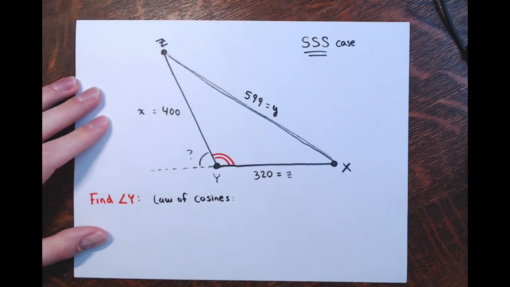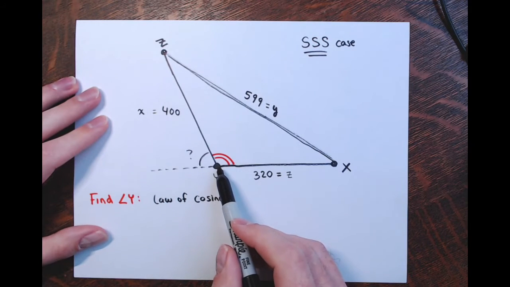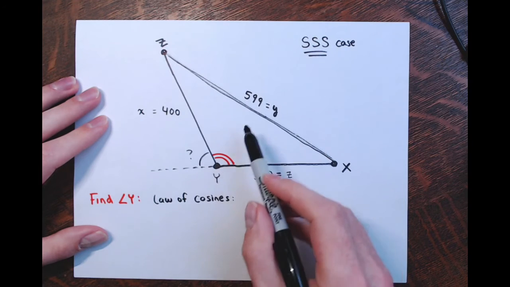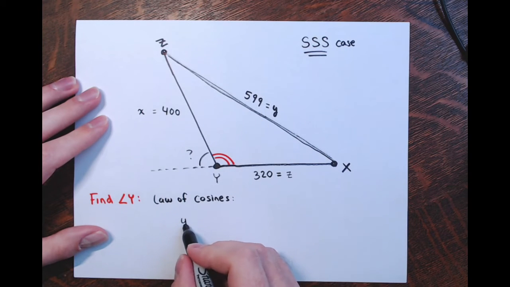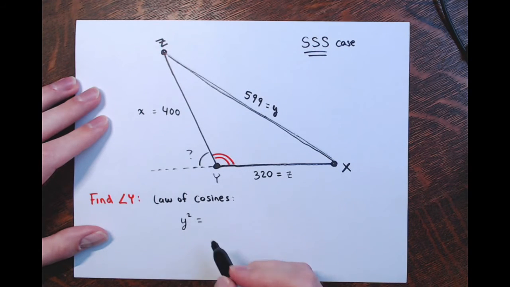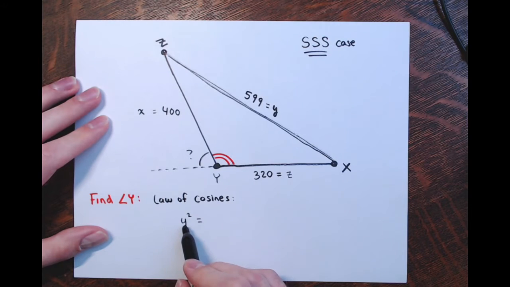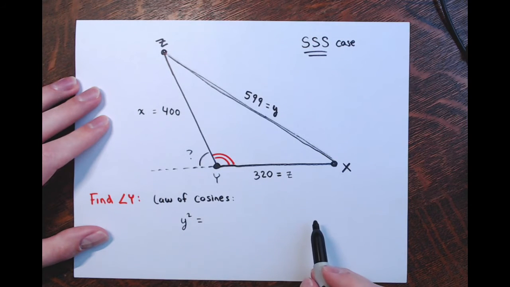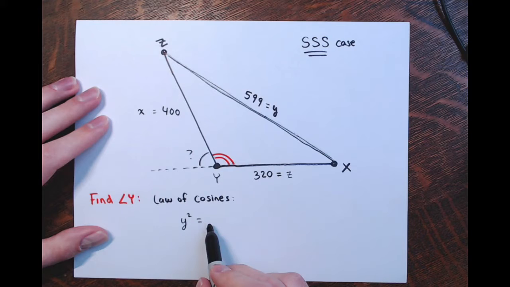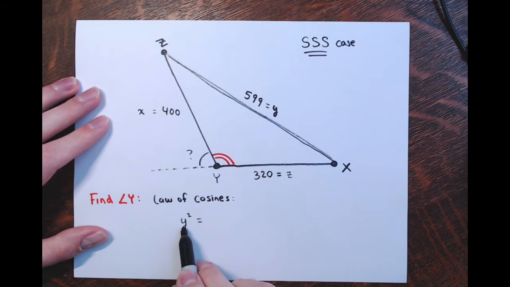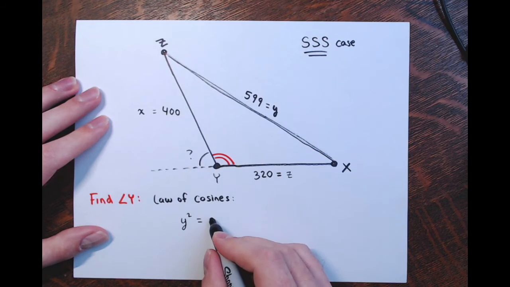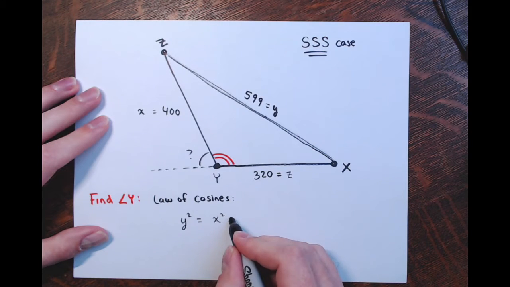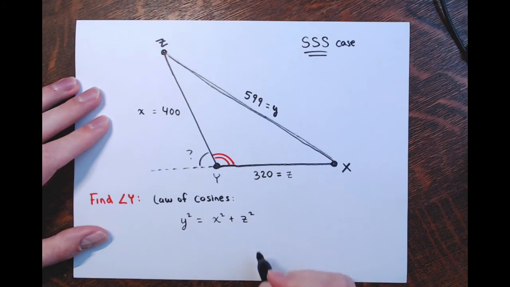All right, and in this case, I want to find angle Y. So I'm going to start with little y squared. Right, the version where one side squared equals a bunch of stuff. It starts off like the Pythagorean theorem, where you have one side squared equal to the sum of the other two sides squared, so little x squared plus little z squared. But then there's a little more to it.